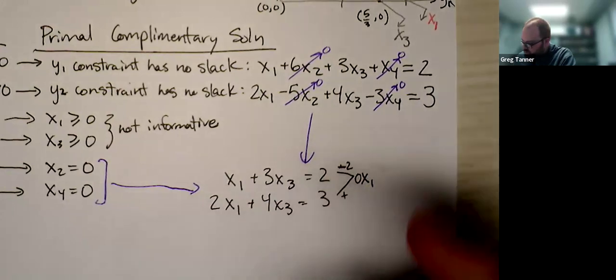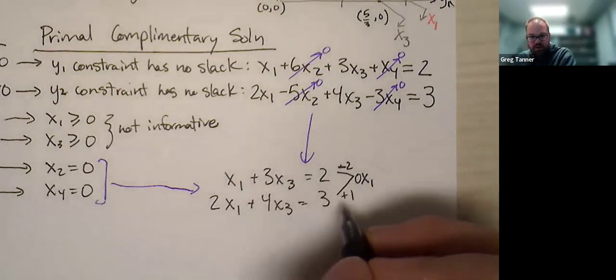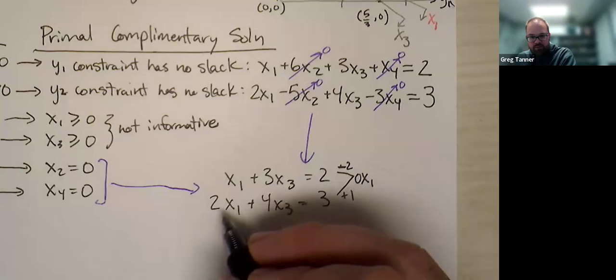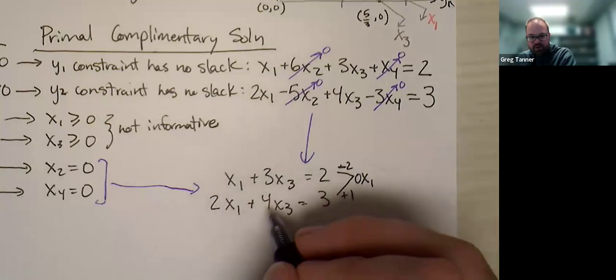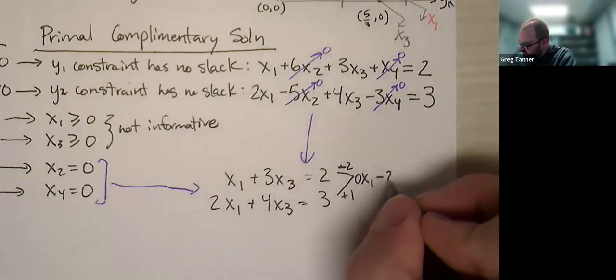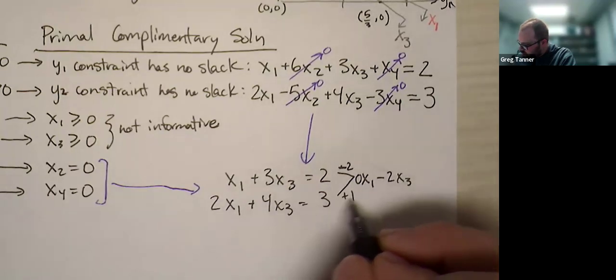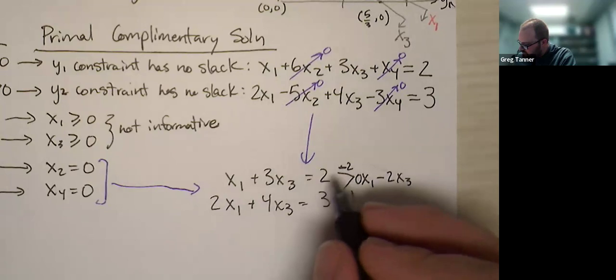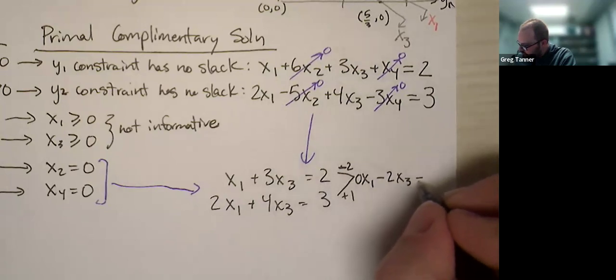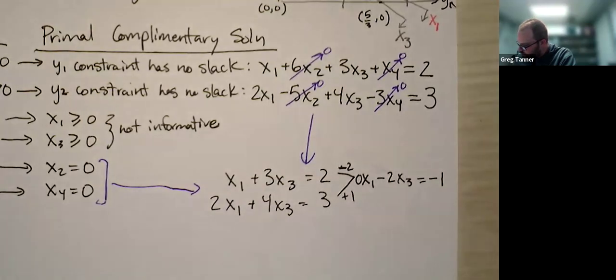So I'll do plus 1 times the bottom row, negative 2 times the top row, and that will zero that out. I'll then have 4, negative 2 times 3 is negative 6. 4 minus 6 is going to give me negative 2x3, and 1 times 3, negative 2 times 2 is going to be equal to negative 1. So 3 minus 4 is negative 1.